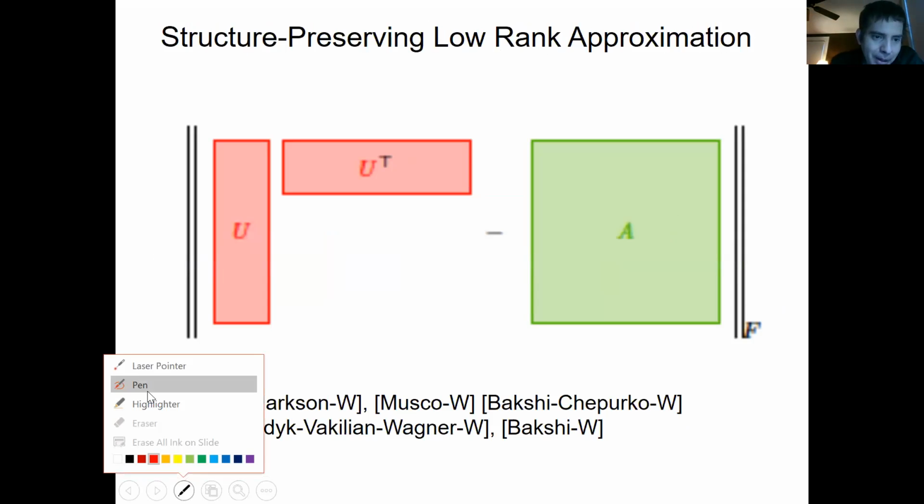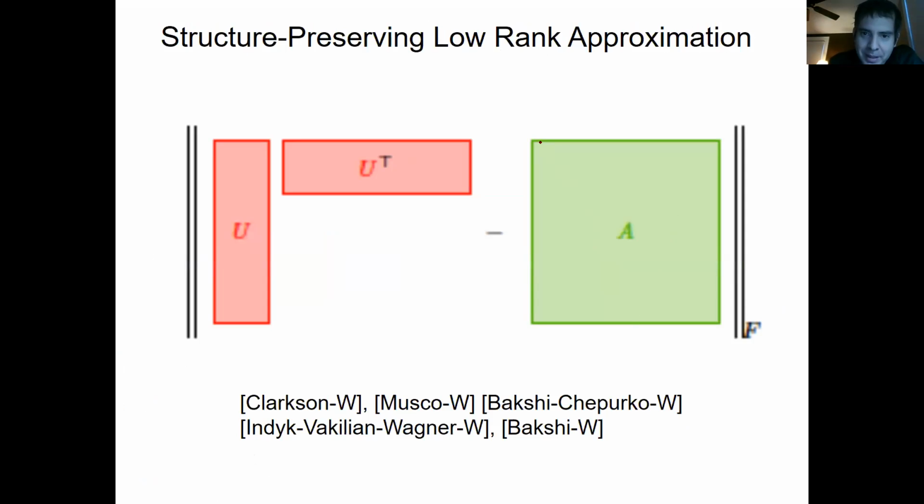And one nice thing about positive semi-definite matrices A is the diagonal actually encodes a lot of information about the matrix. So if I take some off diagonal entry, its absolute value is upper bounded by the product of the two diagonal entries.